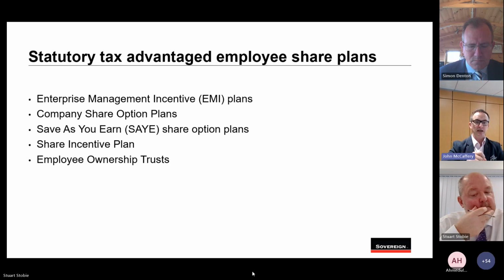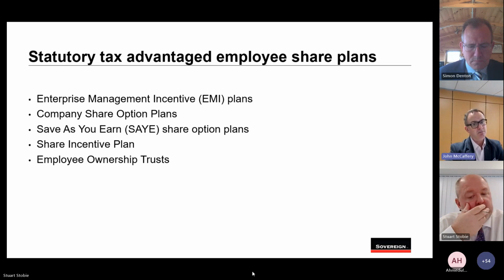So this again must be held in a trust for up to 5 years to get all the tax benefits of it. Per employee, they can have up to £3,600 worth of free shares in the trust.